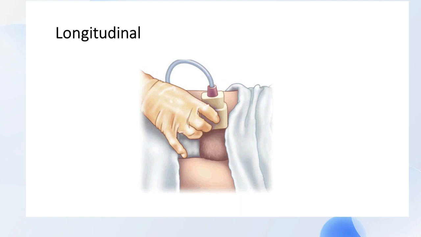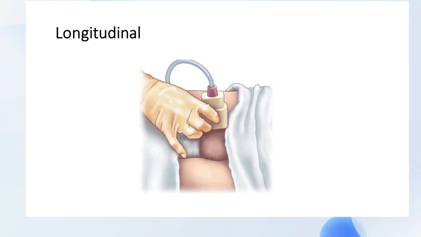As I said before, like any other structure, the standard way of doing an ultrasound scan of the scrotum is the longitudinal and the transverse section. You can move your probe to the left, to the right, just like that in the transverse plane.